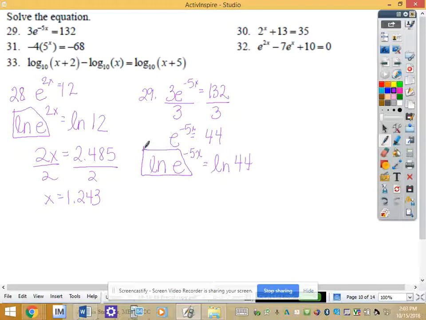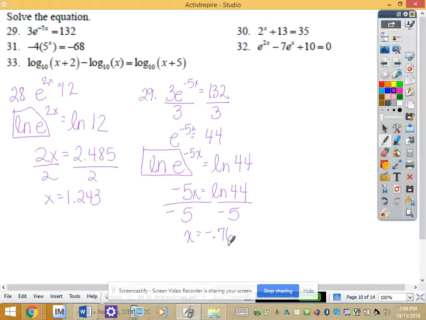These two cancel each other out, so I have negative 5x is equal to the ln of 44. And you can put that in the calculator and get your number if you want to go ahead and do that. But I put it in as ln of 44 divided by negative 5, and x is equal to negative 0.76.